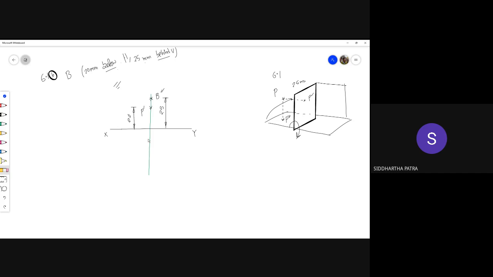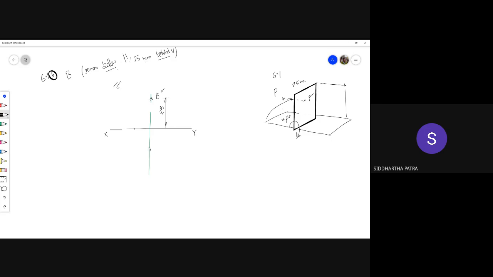Okay, however, with our example, when B is 20 millimeters below the horizontal plane, the vertical projection, because it is below the horizontal plane, would lie below the xy line.